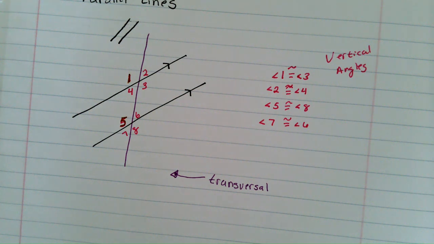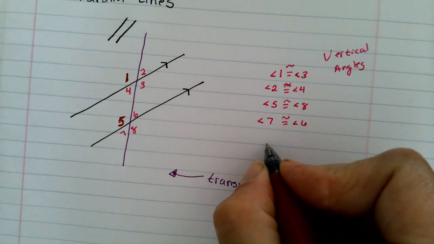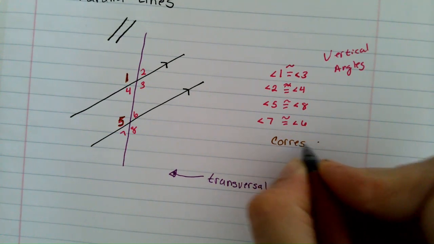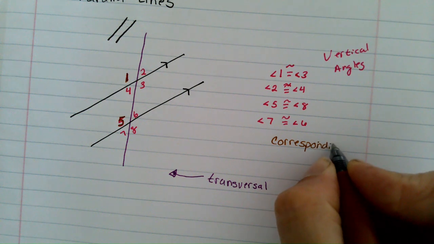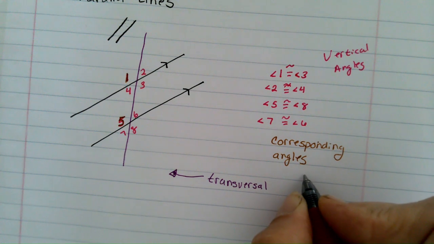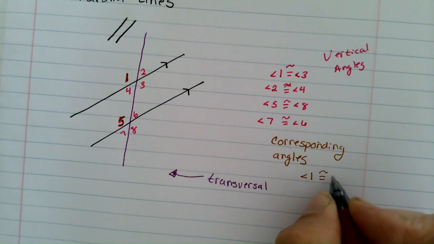They are in corresponding locations. And because of the parallel nature, that transversal is going to cross through one in the same way as it crosses through the other. So because of corresponding locations, we have corresponding angles that are congruent. So angle 1 is congruent to angle 5.